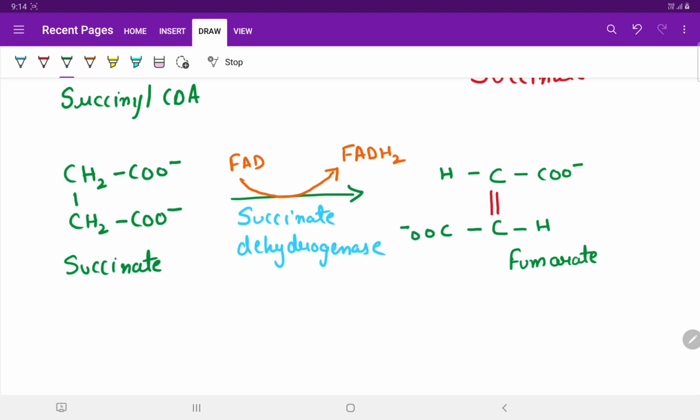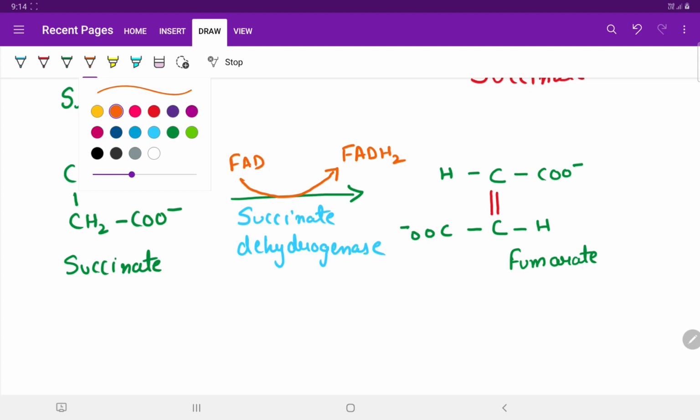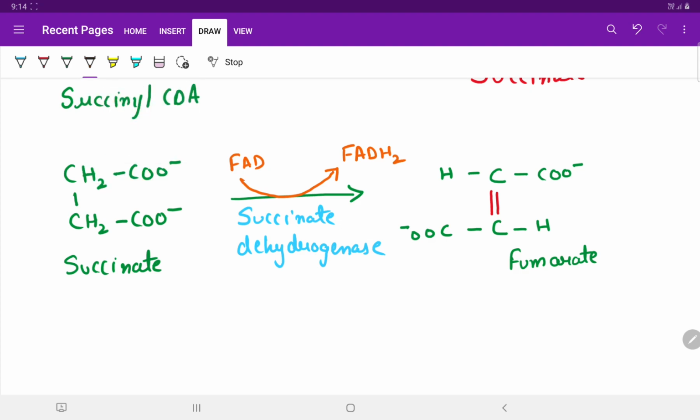For this reaction an inhibitor is also there known as malonate. So this reaction is sometimes inhibited by compound known as malonate. So this acts as an inhibitor for enzyme succinate dehydrogenase.